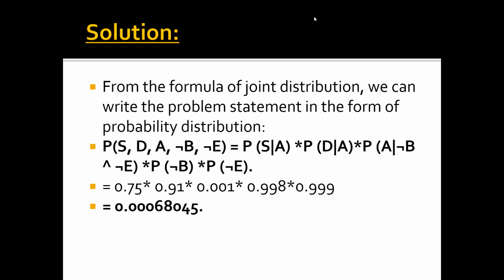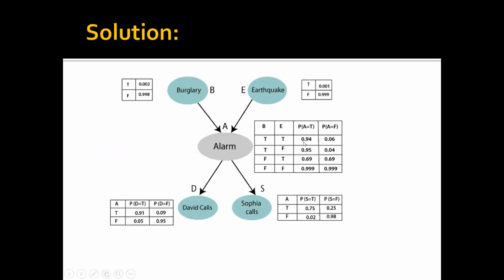Next we have the third one, that is P A upon negation of B and negation of E. So here we'll be checking the condition of A when the value of B and E is negative. So we'll move on to this one, A, when the value of B and E is negative. From the table, we can see the value is this one, that is 0.001.